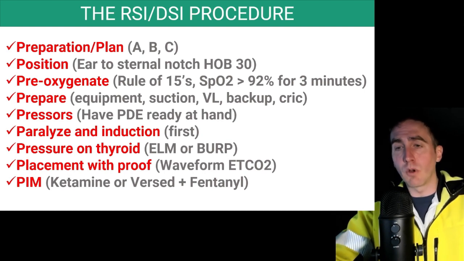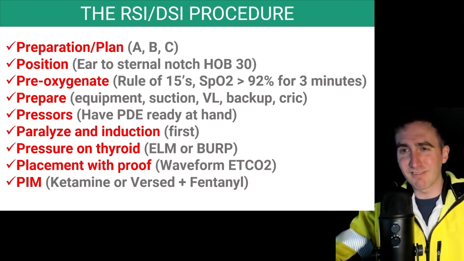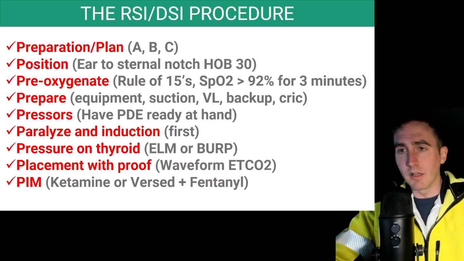We still don't want to bring the head of the bed back flat because patients desaturate faster when they are flat. So you have a longer and safer apneic period if the head of the bed is not flat.